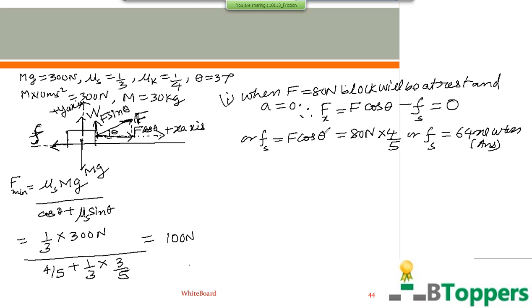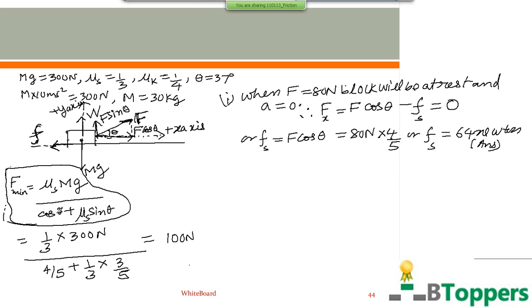This result which I have written on the left side, the minimum pulling force, can be directly used only in objective type exam papers, in entrance examinations. But in case you are given a similar problem in a board examination, you have to first arrive at this conclusion, which I discussed already.